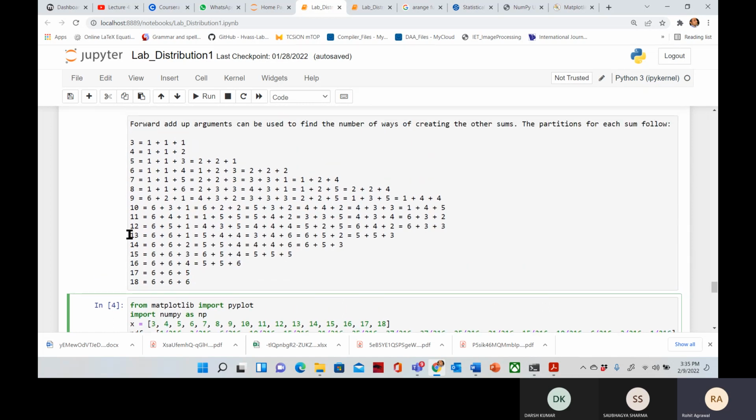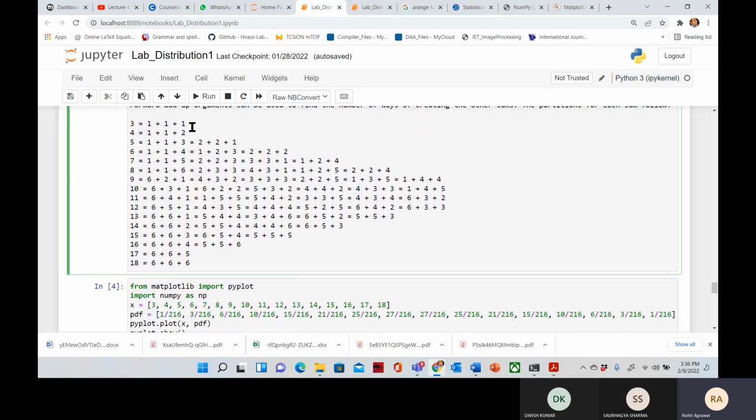See, so if the summation is 3, we are having 1 plus 1 plus 1. Only one possibility is there. Okay? When the sum is equal to 4, we can have 1 plus 1 plus 2. So how many possible combinations are there?